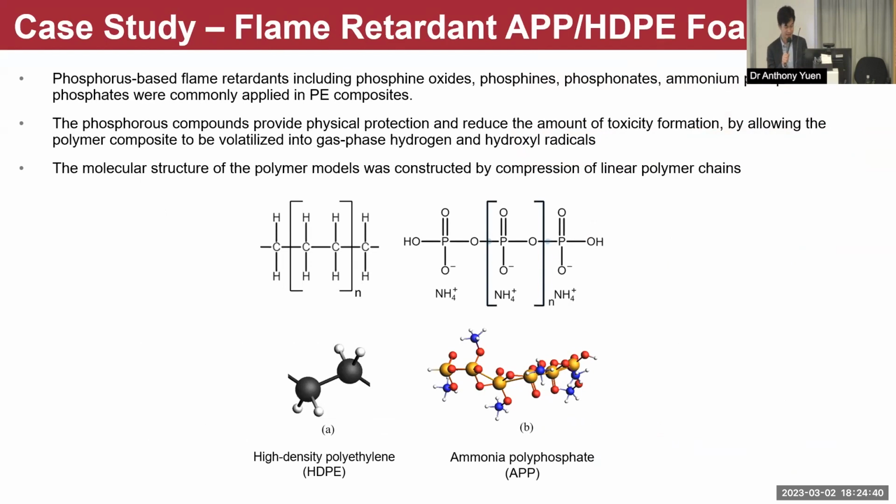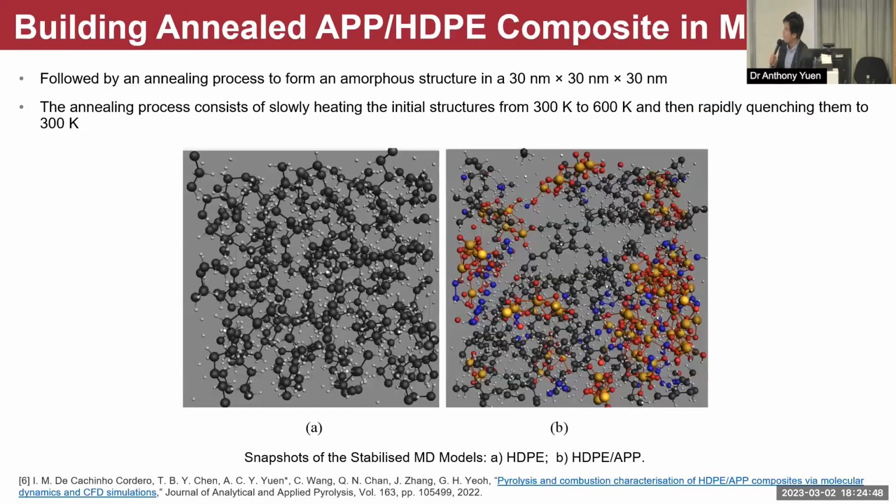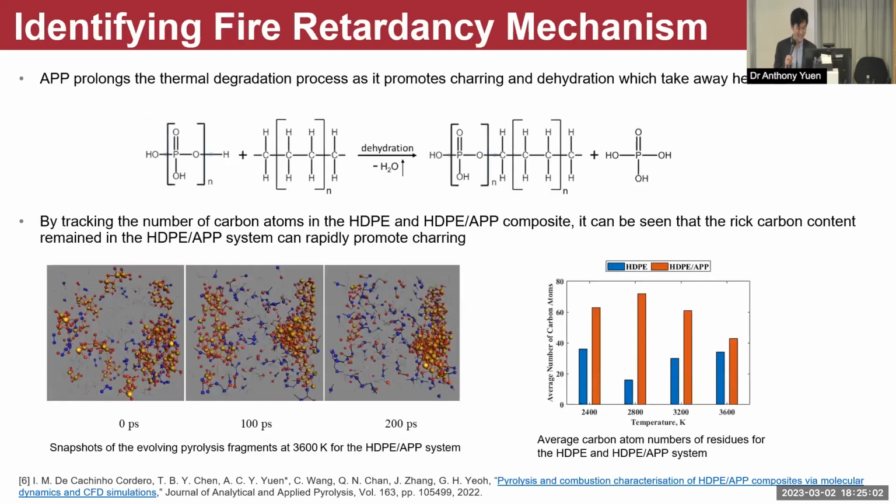As you may know, all phosphorus compounds are very effective, but the question is why and how does it fireproof the polyethylene? So you can see we formulate two polymers, one with and one without the APP.